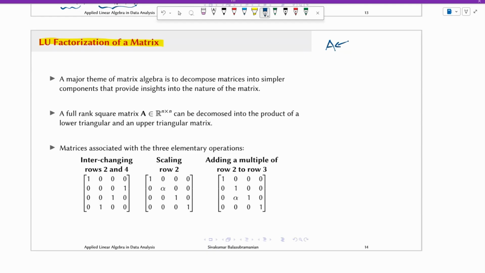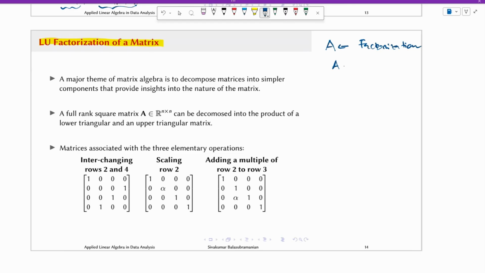These are usually called matrix factorization methods, where you are factorizing a matrix into simpler matrices, like you factorize a number into prime numbers. The same idea exists here.